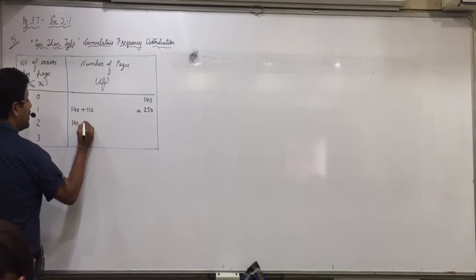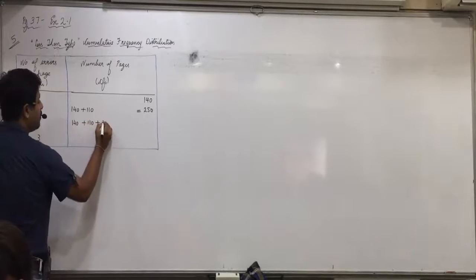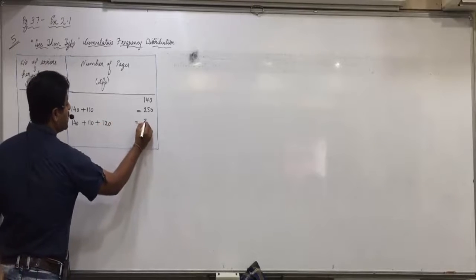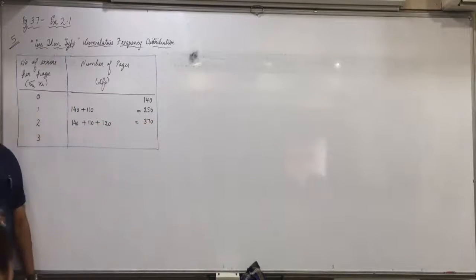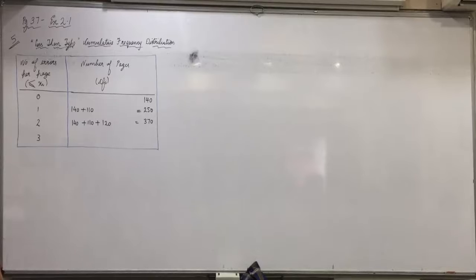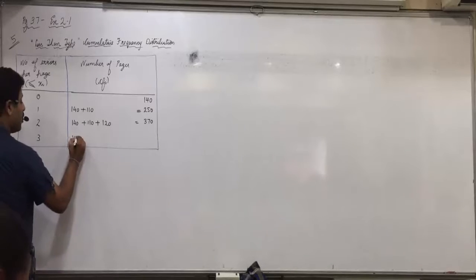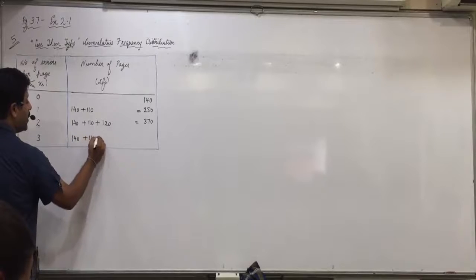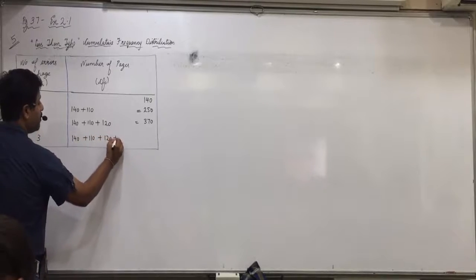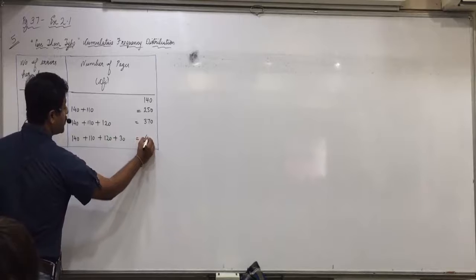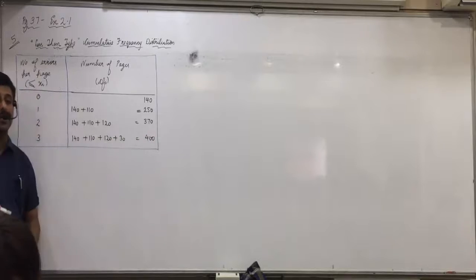So 140 plus 110 is 250, plus 120 is 370. Able to understand this? And lastly, you will add which numbers top to bottom? 140 plus 110 plus 120 plus 30, that is 400. This is less than type.